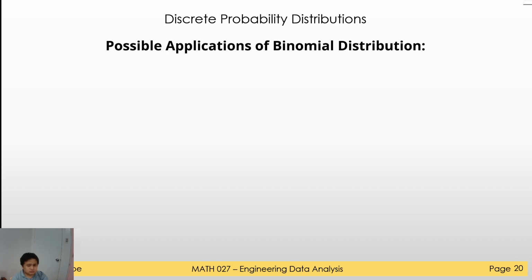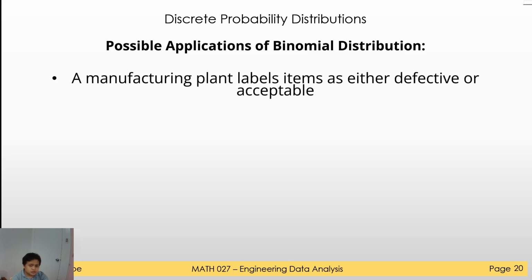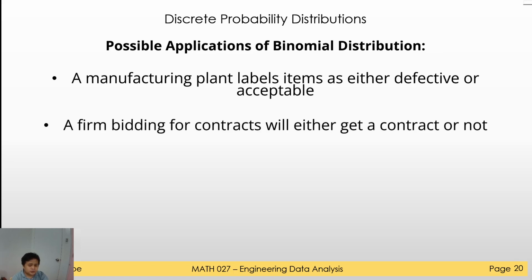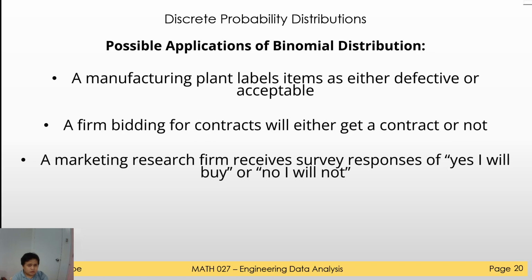Now, in what scenario should we use the binomial distribution? There are possible applications here. We want to know whether we properly labeled items as either defective or acceptable, or we want to get the chance of whether we will get a contract or not, or whether our customer will want to buy the product.